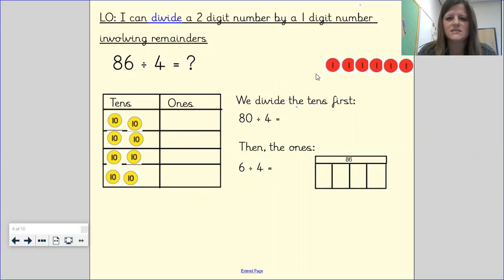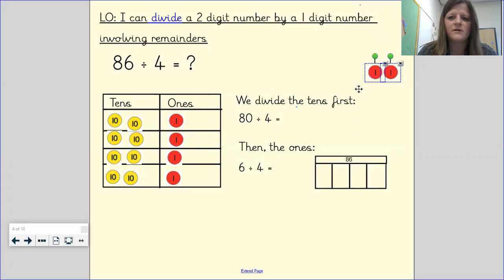And then we've got 6 divided by 4. So you can maybe estimate this, or have a think about what might happen. So I've got 6 ones and I'm sharing them into 4 equal groups, but then I've got these 2 and I can't, division needs to be shared equally, and even though they could go into halves, that is not what we're doing today.